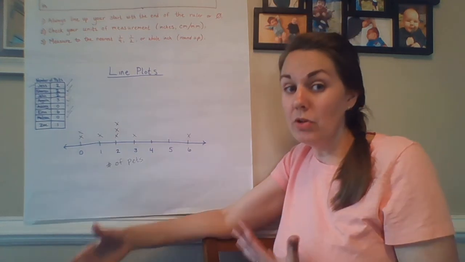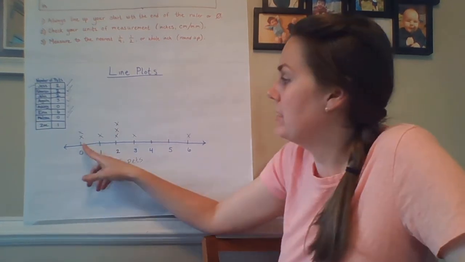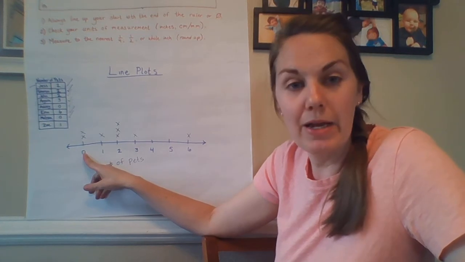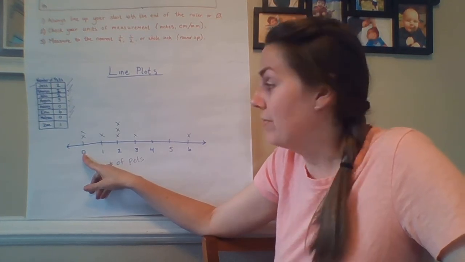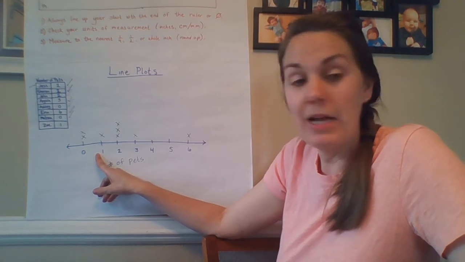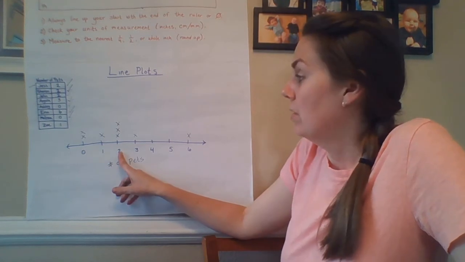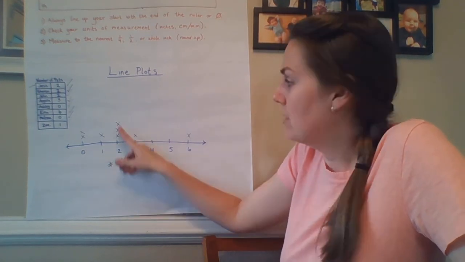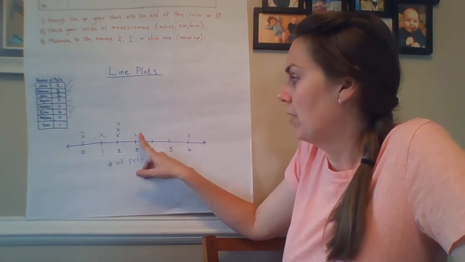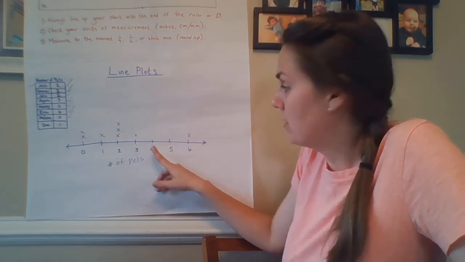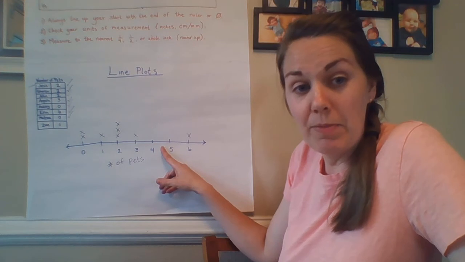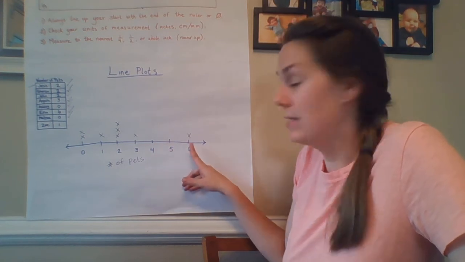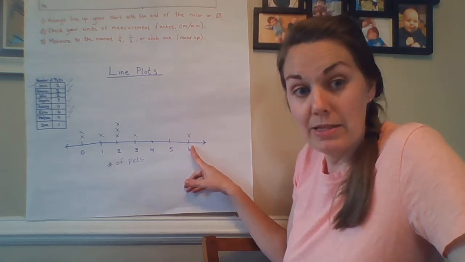If I look at my data, I would see that 2 of the friends that I polled have 0 pets. 1 person has 1 pet. 3 people have 2 pets. 1 person has 3 pets. 0 people have 4 or 5 pets, and 1 person has 6 pets.